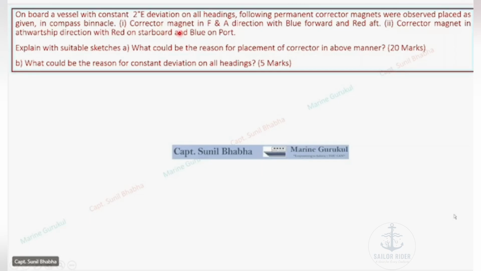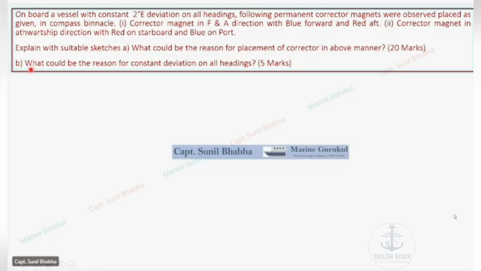Number 1, a corrector magnet in the fore and aft direction with the blue forward and the red aft. Number 2, a corrector magnet in the athwartship direction with red on starboard and blue on port. Explain with suitable sketches what could be the reason for placement of correctors in the above manner.